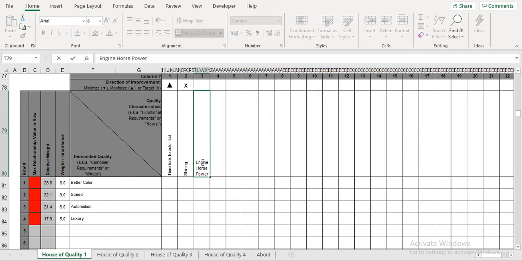Let us assume that we have an 800 cc engine; we will be looking for maximizing it. Maybe automation set on target, or luxury. We can reduce cost, cost should definitely be reduced. This is how it should be.